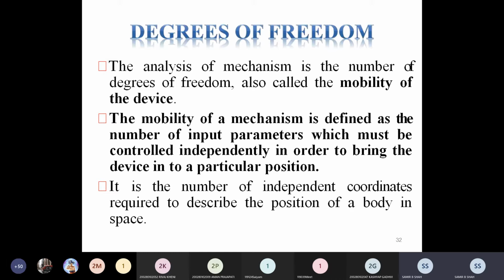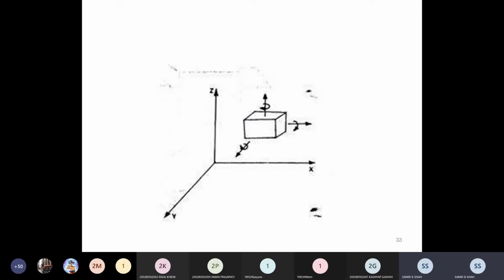Why is degree of freedom or mobility required? Because whenever a body is in space, we need to know where exactly it is positioned. To define that position, we have to define the proper degree of freedom or mobility. You can see the basic diagram, which is easy to understand.